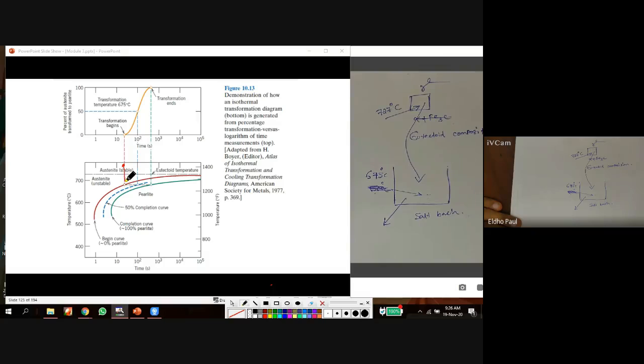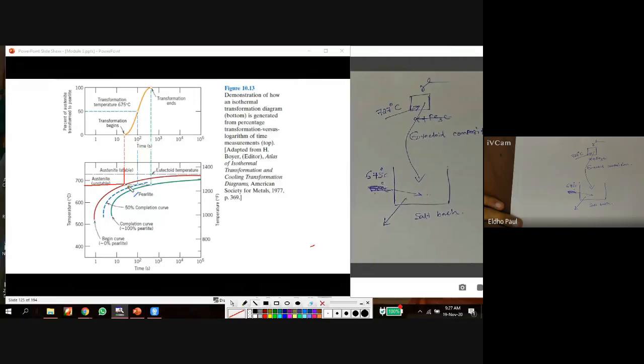The gamma particles suddenly reach this point, 675 degrees Celsius. Okay, so here this is the point of the gamma particle. When I dip it in the salt bath, the temperature is reduced from 727 to 675. So this is 675 degrees Celsius.